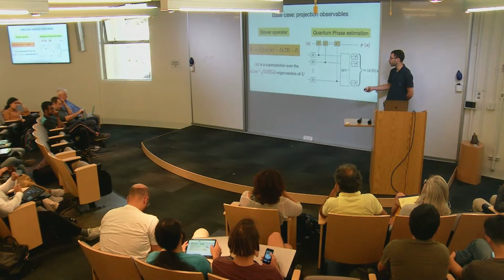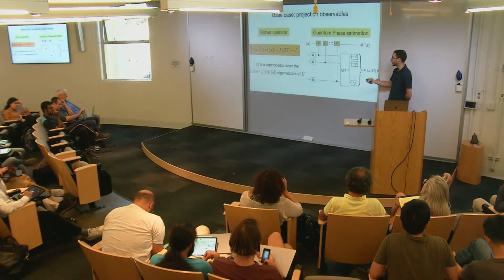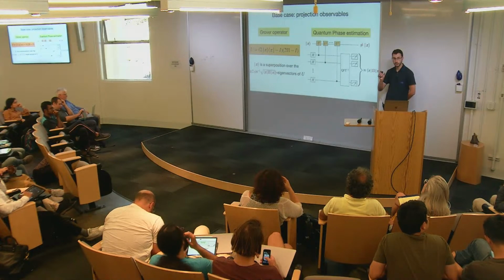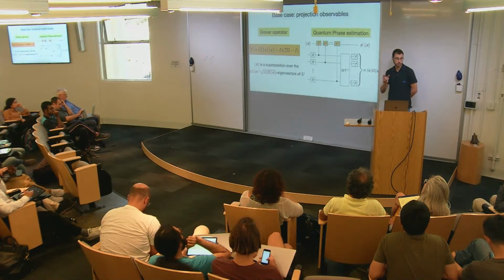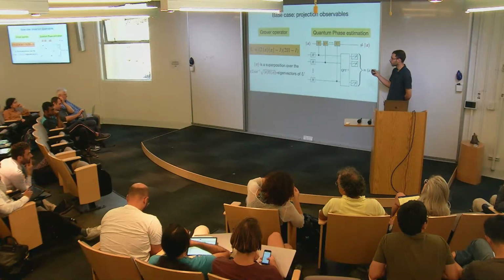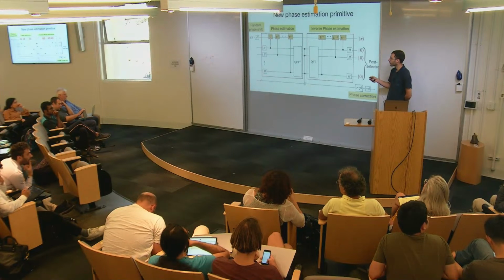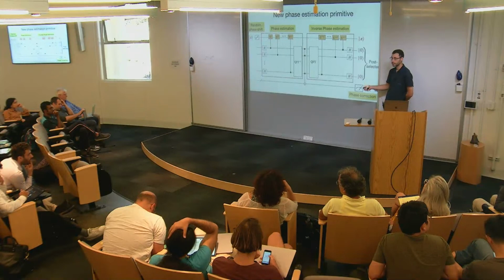Pi is a superposition over two eigenvectors of U, and when you do standard phase estimation, the relative phase between those two eigenvectors is going to change. So this is why the states can be destroyed in the process, and to handle that, we use this uncomputation trick.